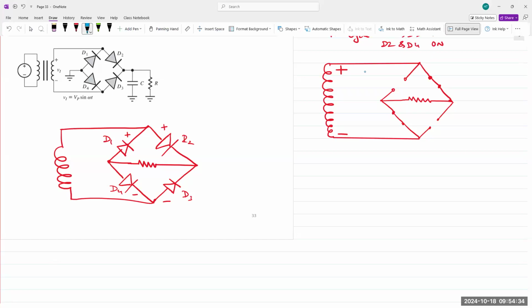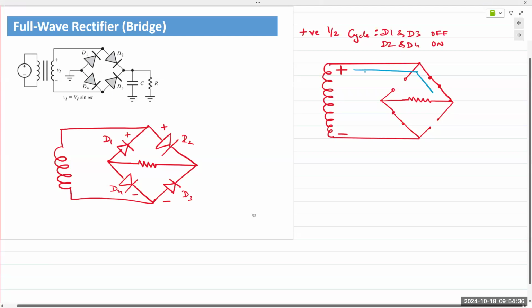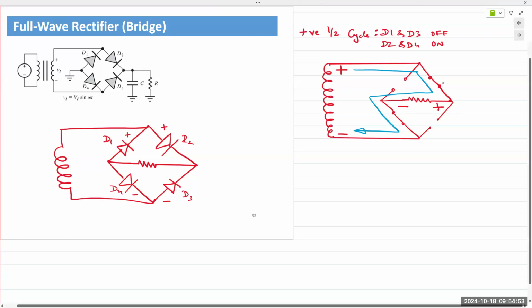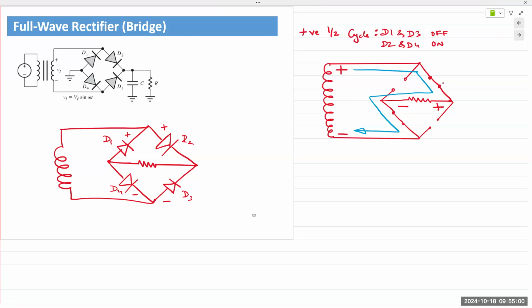So it goes here, here, through D4 and back to the closed loop. Point of entry through the resistor is from the right. And so it causes a voltage drop, plus to the right and minus to the left. And that's just the positive half cycle.